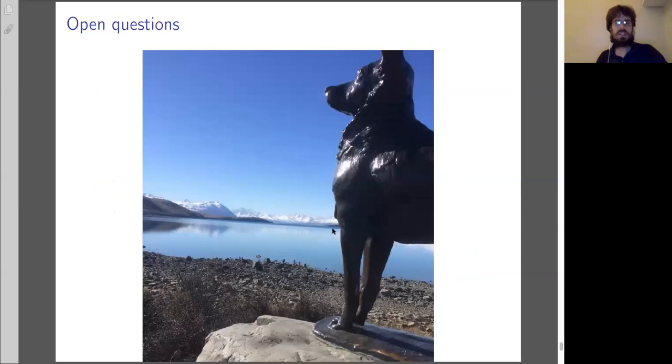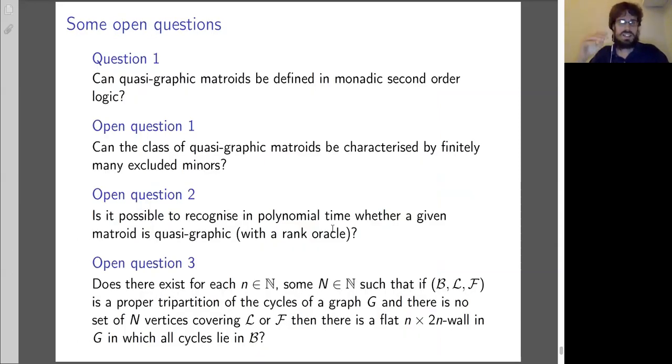Okay, I wanted to close with just a couple of open questions. So the first is not so open. This is just a question for Dylan, if Dylan is here. I was hoping he might be able to tell us, using some of the ideas from last week, whether the quasi-graphic matroids can be defined in monadic second-order logic.